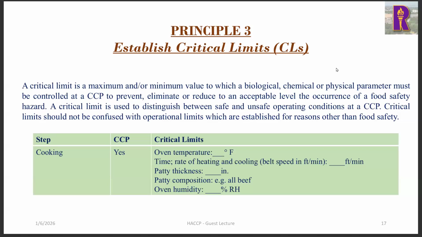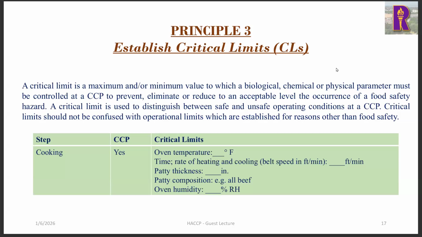So there's an example. Not only temperature while cooking poultry or any food product, but also the oven temperature, then the rate of heating and cooling. If we are making a patty or a product related to poultry, the thickness of the patty also matters, and the composition, whether it has a high moisture level, a bearable one, or is a dried product.